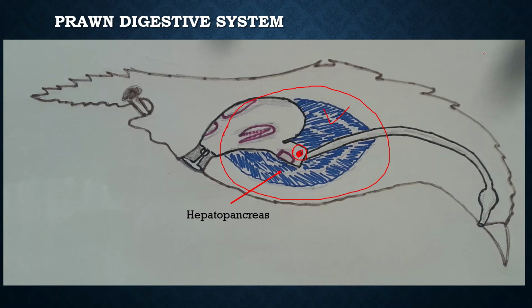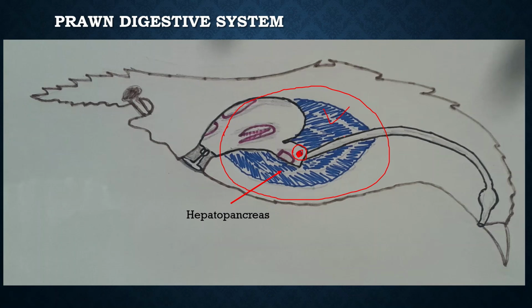Secondarily, the hepatopancreas also works as a storage organ, because glycogen, fats and calcium are stored in it. So this is an important storage organ for the prawn.